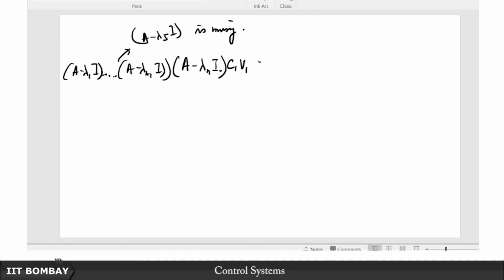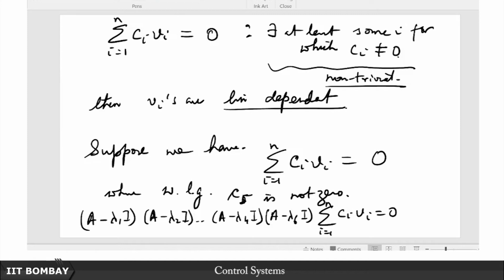So what does this term look like? Because if I see what C1 V1 looks like, I will see analogously that other terms will also look similar.